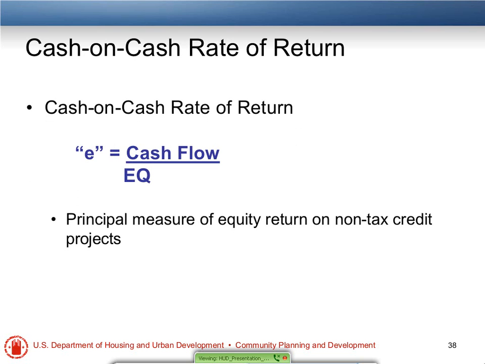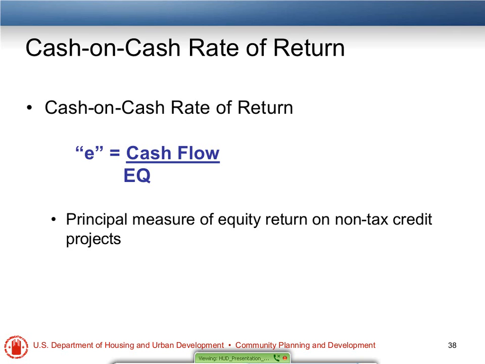Let's look at the ways investors invest in real estate projects. The simplest way an investor looks at a project is called the cash-on-cash rate of return. And again, we choose to use the little symbol e, little e, to show the cash-on-cash rate of return required by an investor.